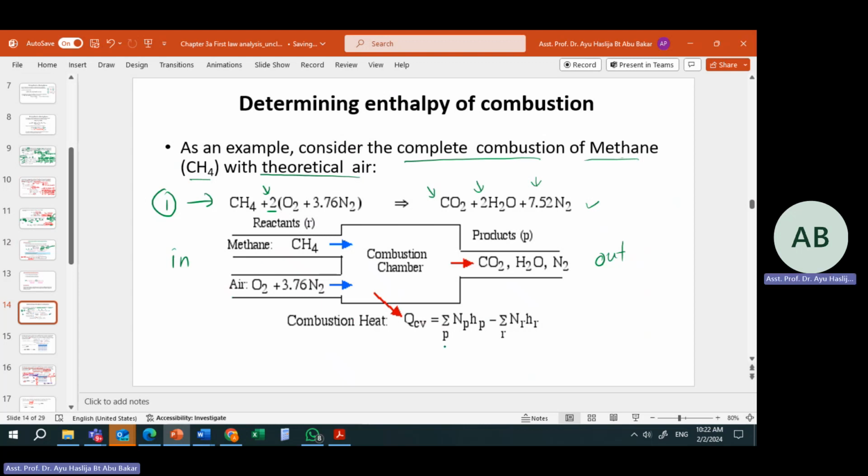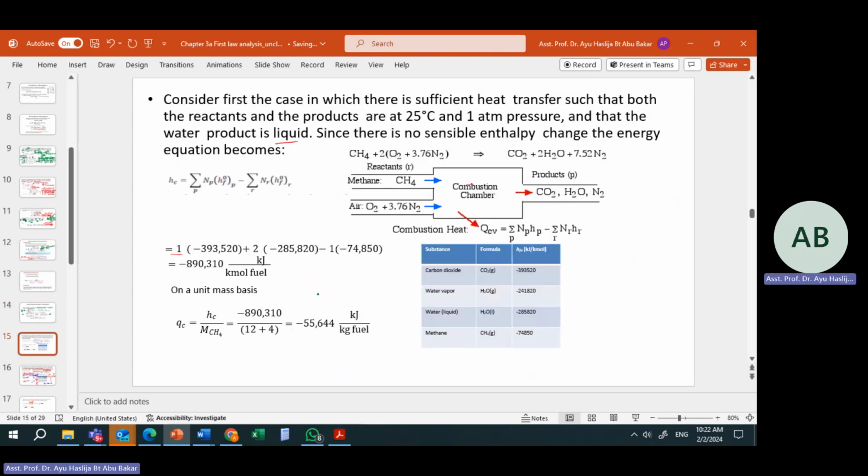So the combustion, enthalpy of product minus enthalpy of reactant. Okay, next step, I always suggest you to do the table. Okay, put in table form so that you can see clearly. I make it bigger.